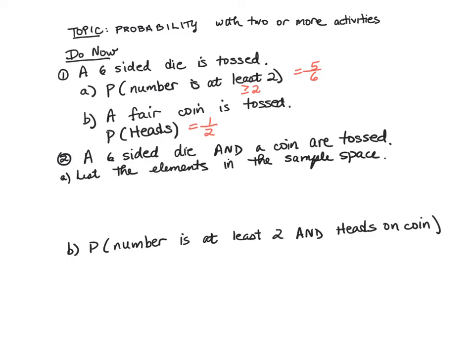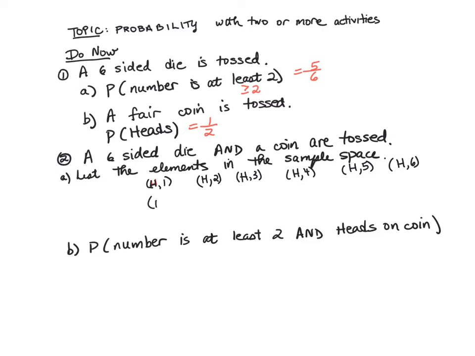Let's just put that in black. We could have a head and a 1, a head and a 2, a head and a 3, a head and a 4, a head and a 5, head and 6.